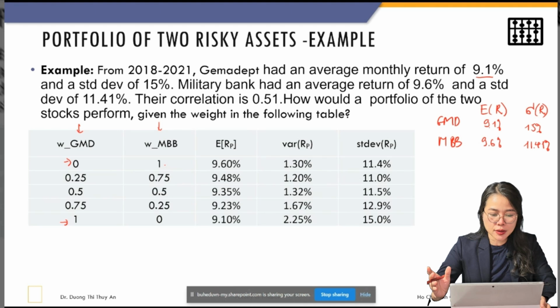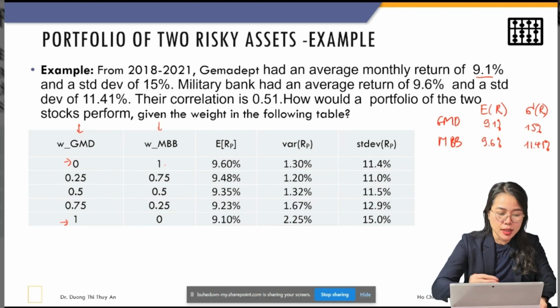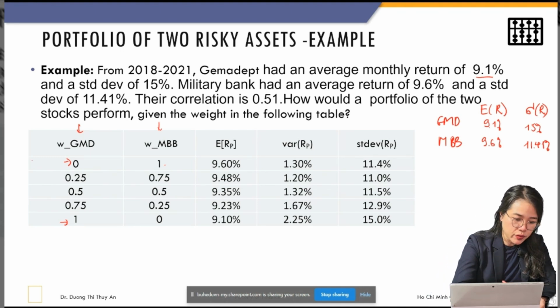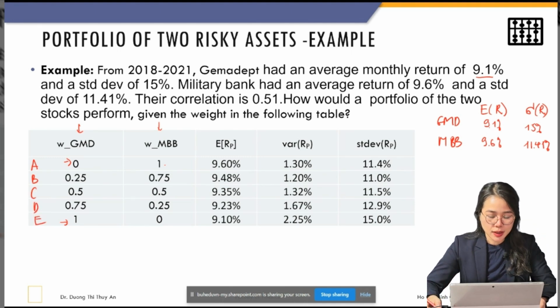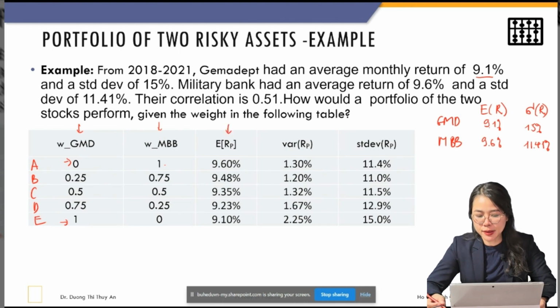So your portfolio is the combination of 0% GMDEP and 100% MPP. I call this portfolio A, and then B, C, D, E. Now I compute the expected return of the portfolio.